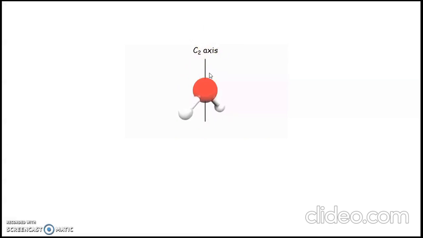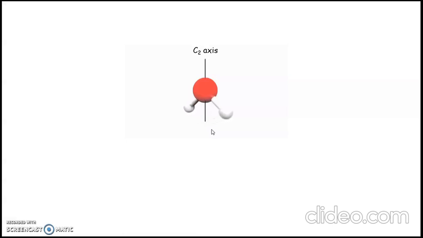It possesses a C2 axis of symmetry which bisects the H-O-H angle. Why is it referred to as a C2 axis? It is because twice in every complete revolution, the molecule presents an identical aspect to an observer.